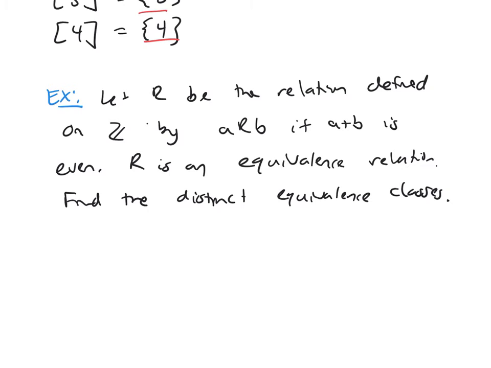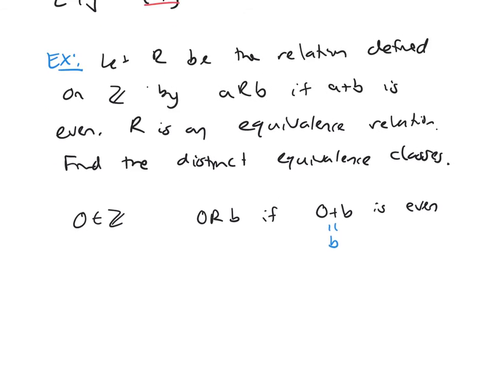So let's start by picking an integer. Let's pick 0. We want to figure out all the elements that are related to 0. So 0 is related to b if 0 plus b is even. Well, 0 plus b is really just b, so you need b to be even.